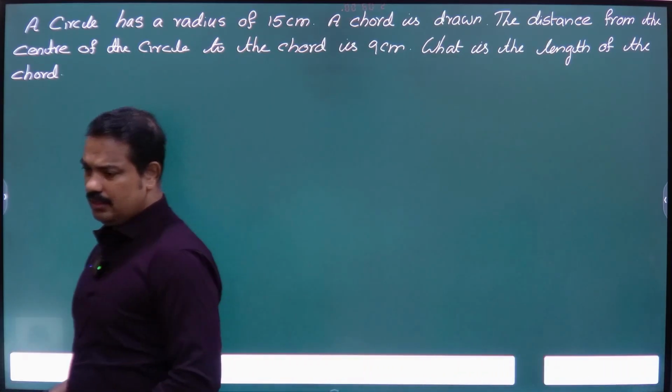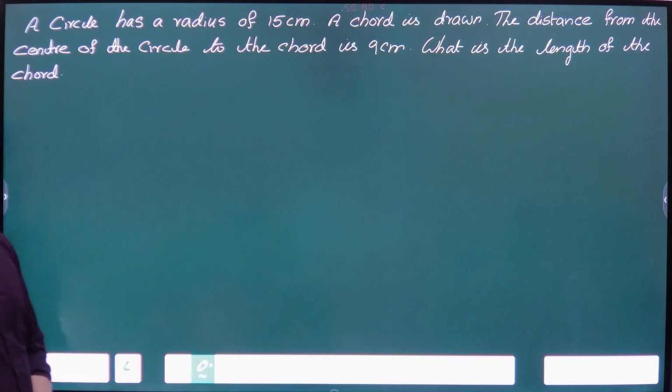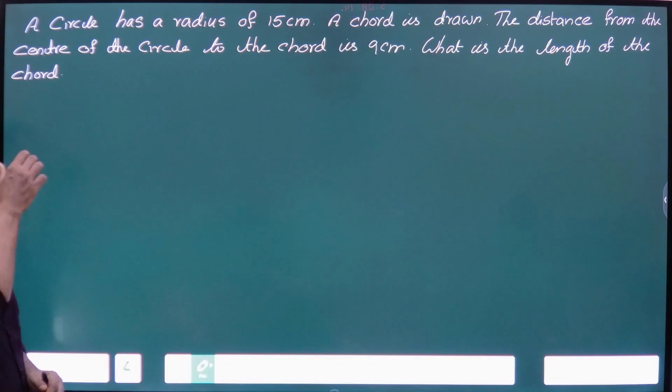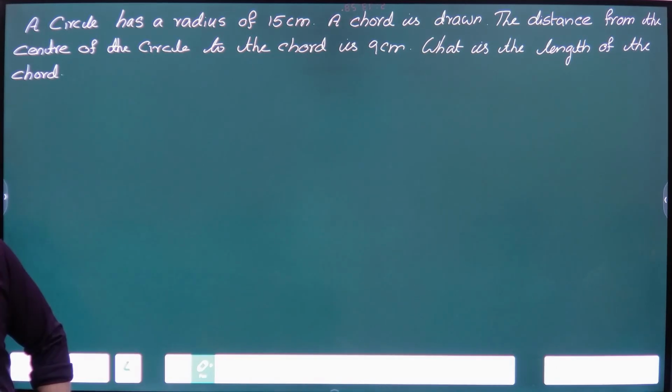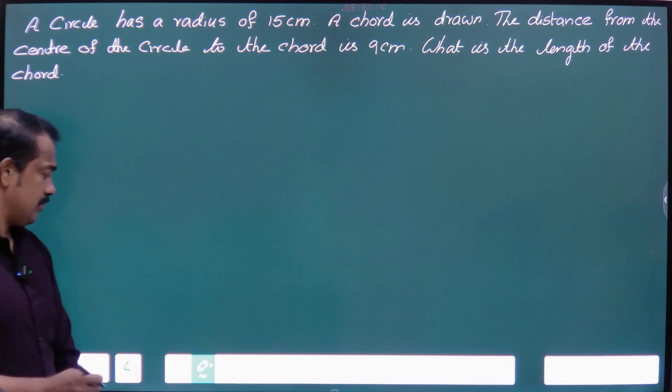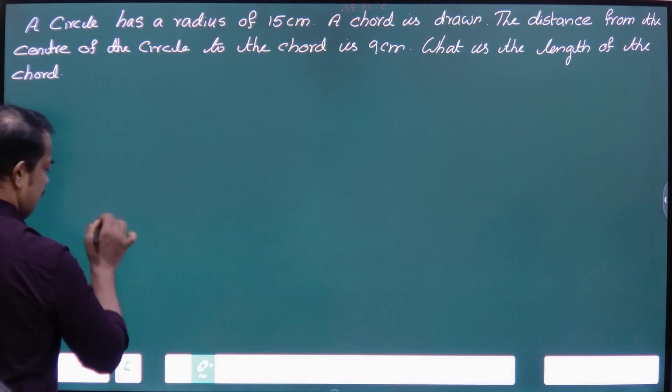A circle has a radius of 15 centimeter. A chord is drawn. The distance from the center of the circle to the chord is 9 centimeter. What is the length of the chord? Circle is given.